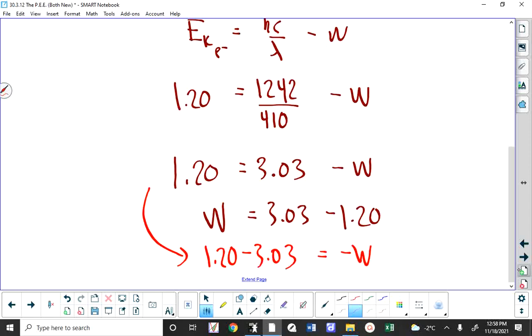Is this what we're talking about? Definitely. I just prefer, and I'm in a math mode right now, not to have negatives in front of an unknown. I like to move it to the other side of the equation to make it positive. Absolutely. Here you would get negative 1.8, or whatever the exact number is. Negative 1.8 equals negative W, so then you would say that must mean W equals positive 1.8.